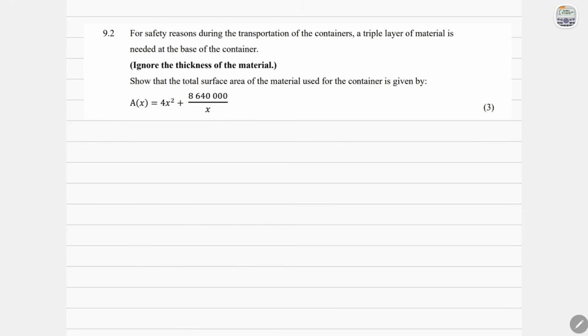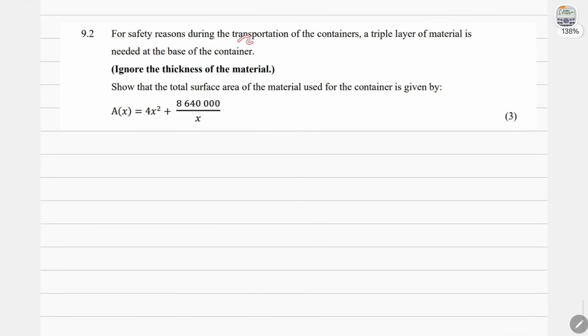Question 9.2 says, for safety reasons, during the transportation of the containers, a triple layer of material is needed at the base of the container. Okay, so we just need to see what this will look like. They say ignore the thickness of the material, gladly, because that would complicate things.